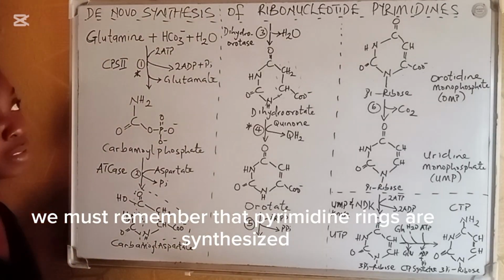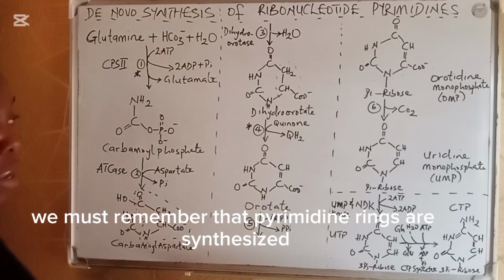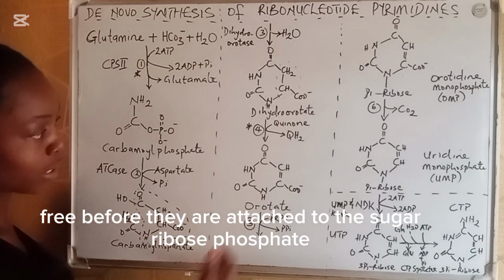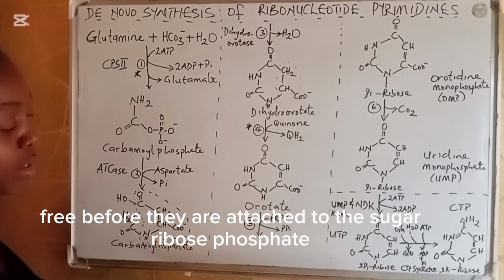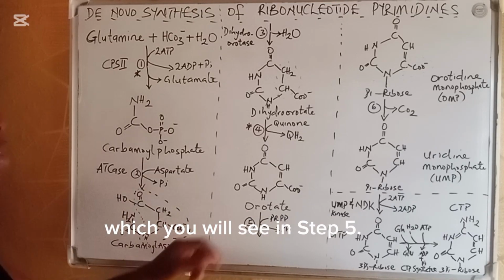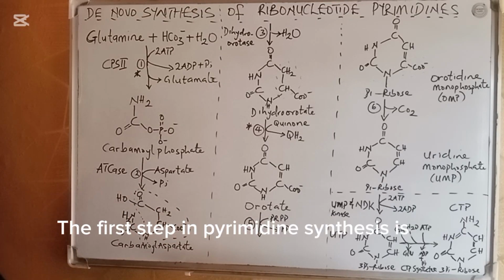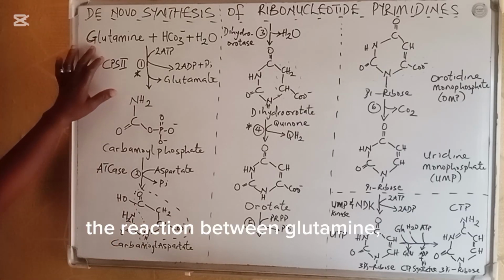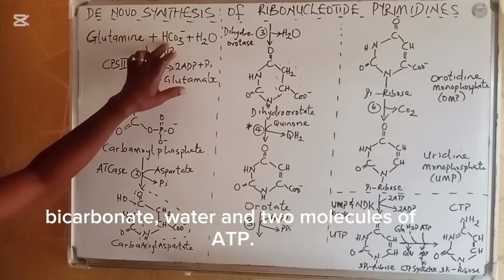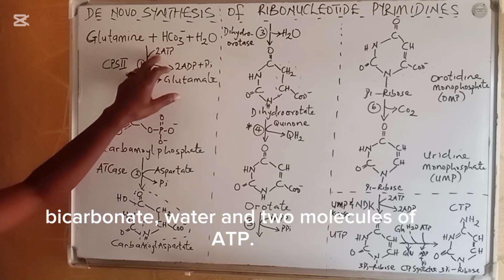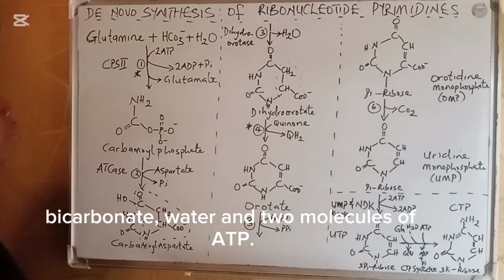We must remember that pyrimidine rings are synthesized free before they are attached to the ribose sugar, which we will see in step 5. The first step in pyrimidine synthesis is the reaction between glutamine, bicarbonate, water, and 2 molecules of ATP.